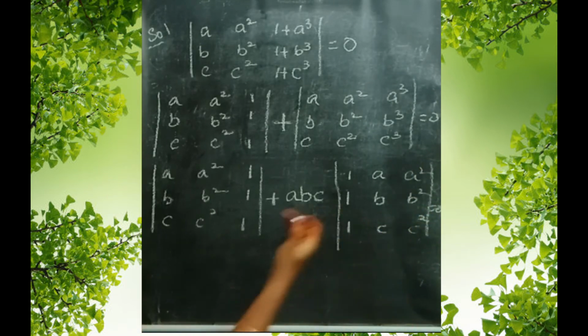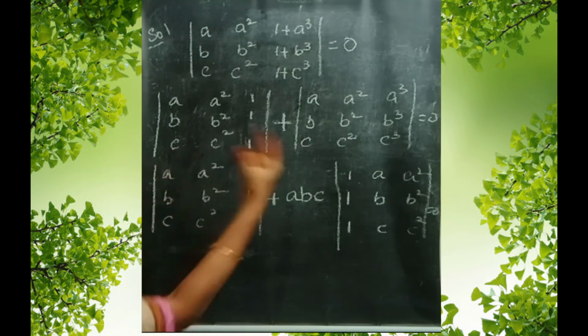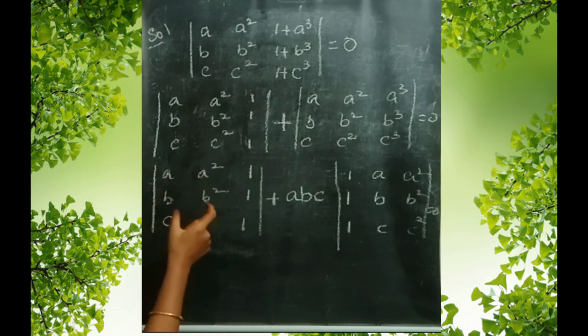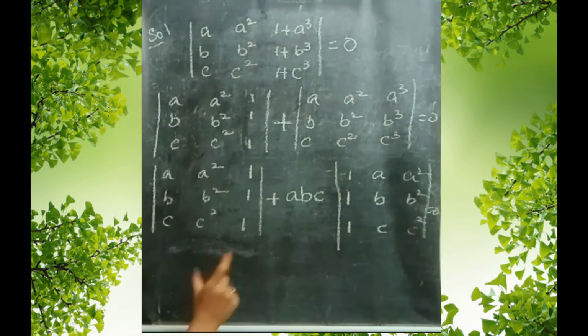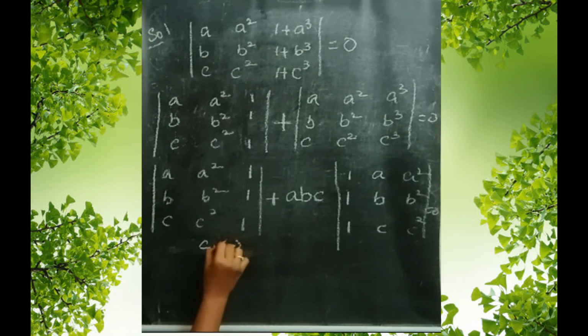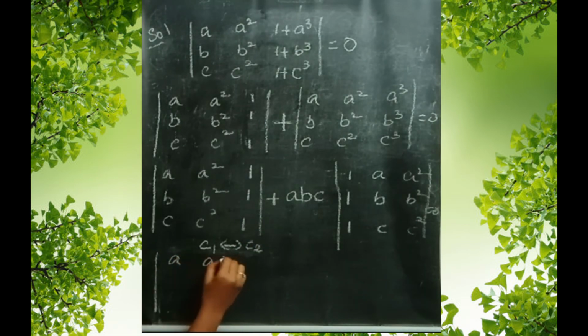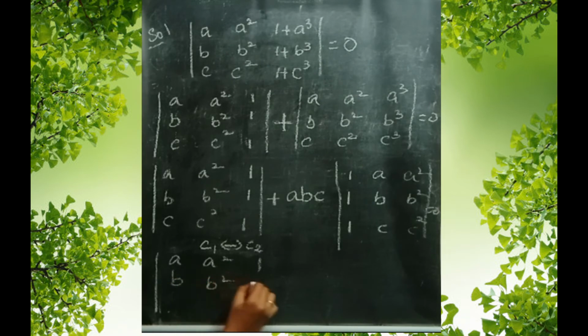Now to reduce this, I have taken common. Don't get confused. In the question they said the condition is that the determinant of A, A square, 1; B, B square, 1; C, C square, 1 is not equal to 0. So keep this term the same. Now convert this by C1 tends to C2. This condition is only for this one, so keep it the same.